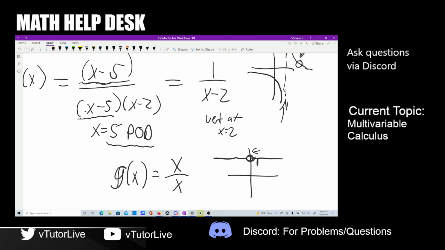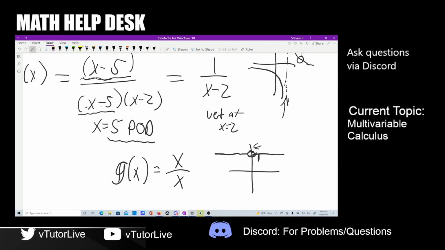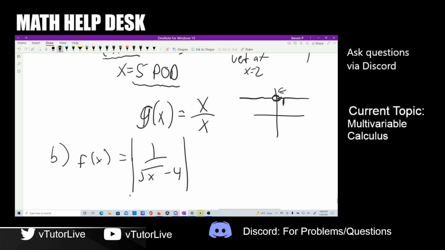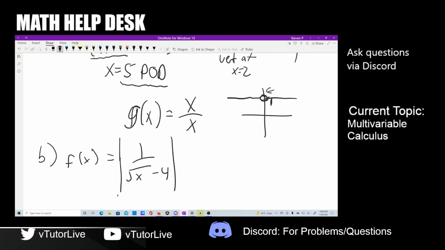Okie dokie. Okay, and the next one I think is f of x equals 1 over root x minus 4. I'm pretty sure it's just going to be at 16, because root of 16 is equal to 4, and that's when it is going to blow up.